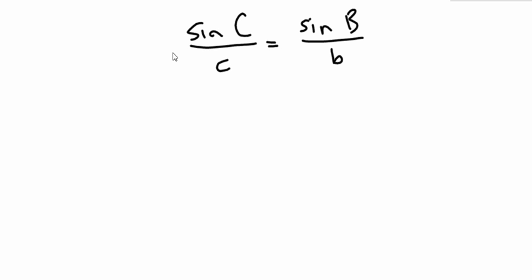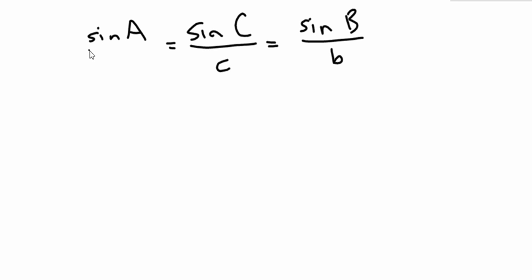So the way that I like to set up the sine law is the partnership that I know, which in this case is angle C and side C, I put in the middle. And I'll show you why in a second. It's not something that you have to do at all. It's just the way that my brain likes to keep things organized.